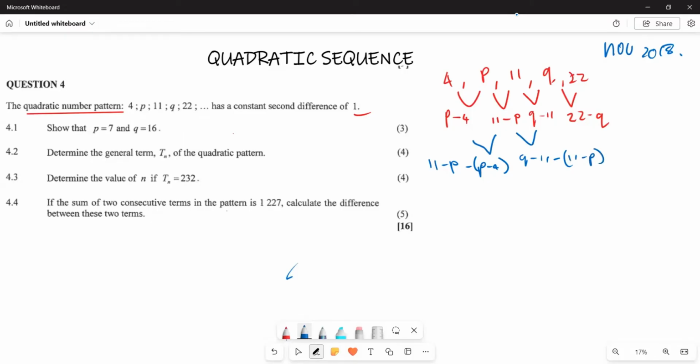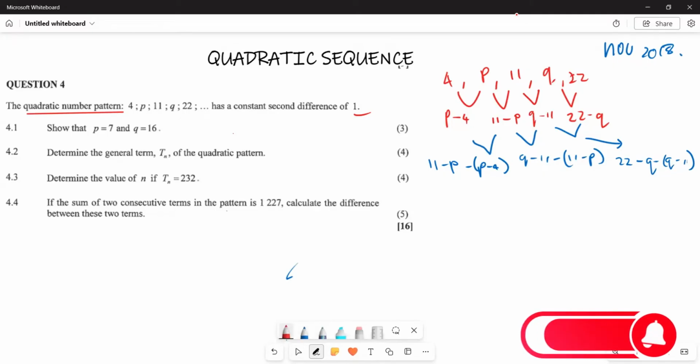And also, if you look at this last one, let me write it in here. This last one is the same as 22 subtract Q, subtract Q subtract 11. So basically that's that. Already you are given that this second difference is equal to 1.